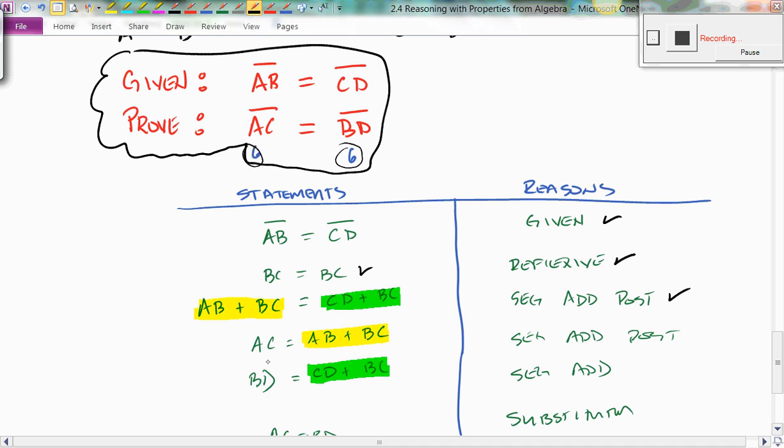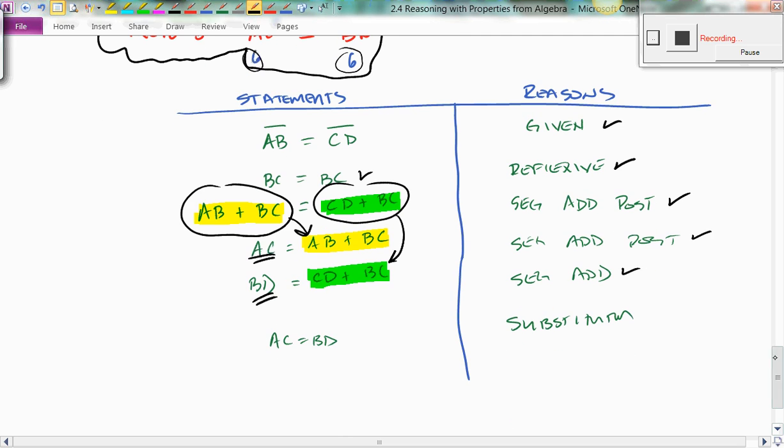And now we know that AC was equal to AB plus BC, segment addition postulate, and BD was equal to CD plus BC, another segment addition postulate. Well, I wrote these in yellow, right? So all this stuff is in yellow, and all of this stuff is in green. And look what they're equal to: AC and BD. So the very last line, AC is equal to BD, what we were supposed to prove, and that's by substitution.